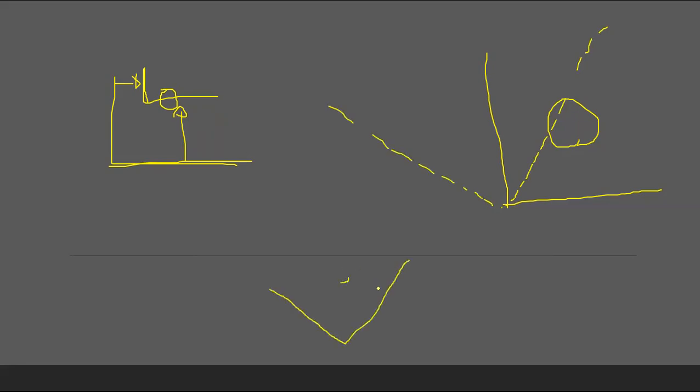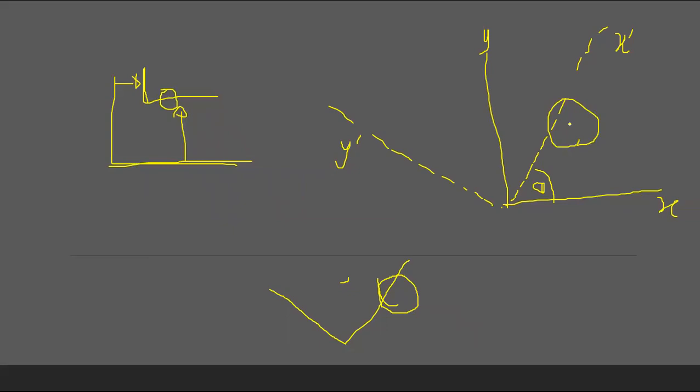Let's say this is x dash and y dash, with angle theta. This is x and y. People have found that if you know Ixx and Iyy, you can find this.